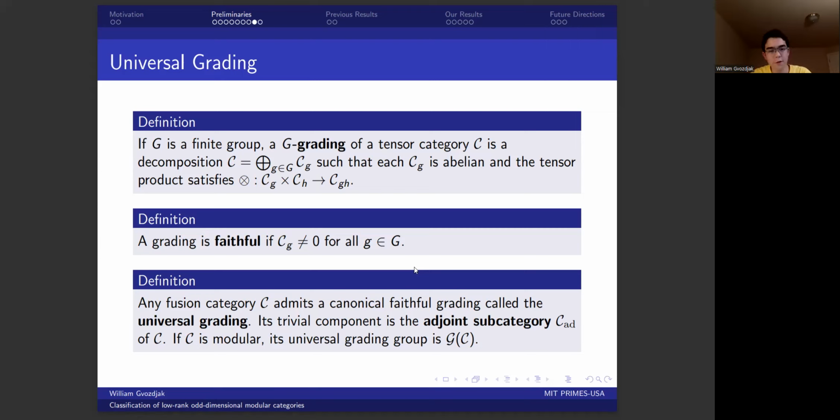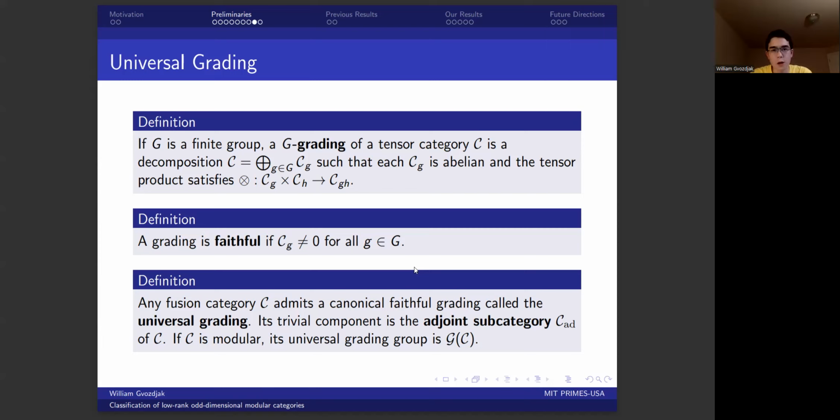We say that a grading is faithful if all of the components of our grading are non-zero. So this essentially means that if we have a faithful grading, every single component provides us with new information. Finally, we define the universal grading. Any fusion category C admits a canonical faithful grading called the universal grading. One of the interesting things about it is that its trivial component is the adjoint subcategory C sub AD of C. This is interesting because the adjoint subcategory is actually defined outside of the context of the universal grading.